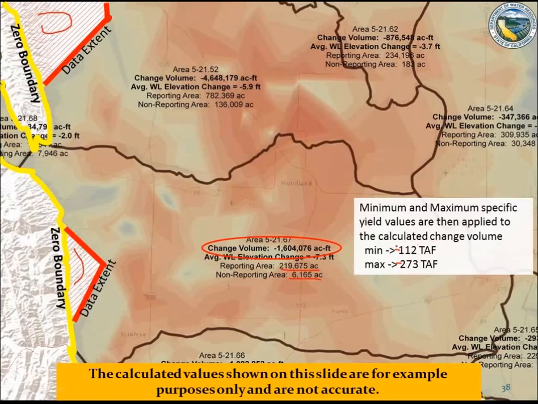Negative means it was a reduction of storage. That means that the groundwater elevation declined, and it was a reduction in groundwater in storage. And that's why the map's red. It would be blue if there was an increase.